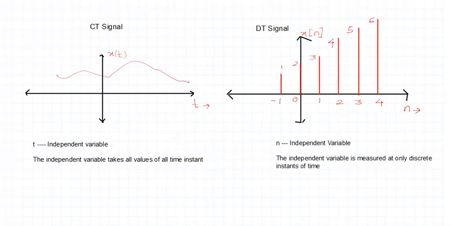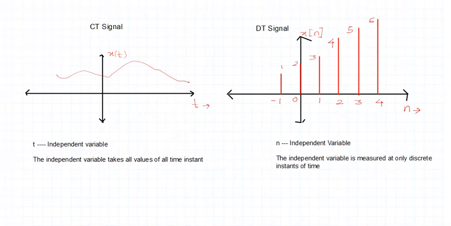And then we reformed the definition of signal by saying that a signal can be represented with a set of one or more independent variables, right? So we saw what is independent variable. Independent variable can be time, position, distance, temperature, all these can be independent variables.